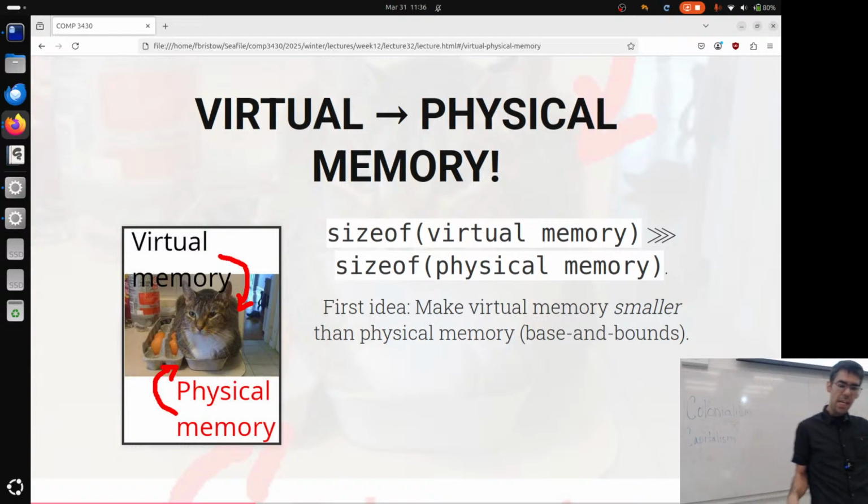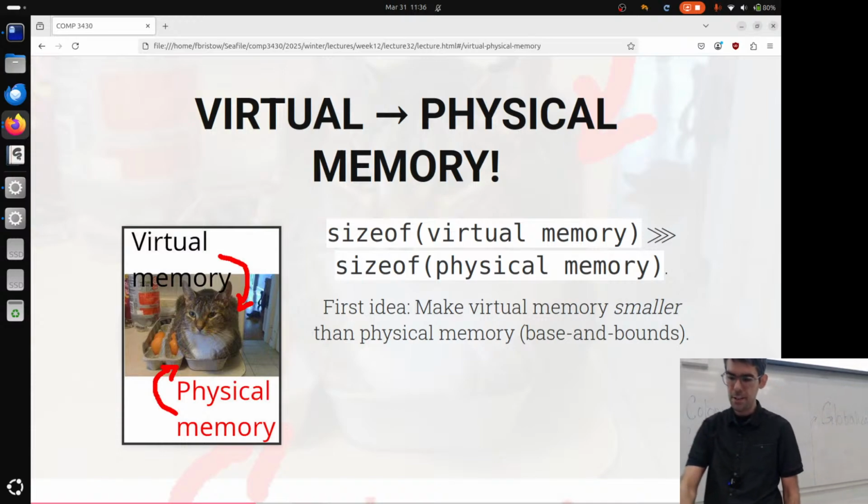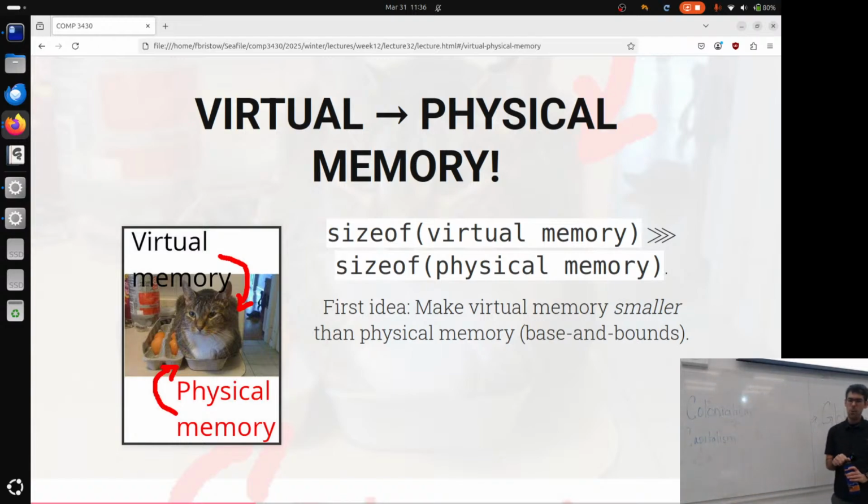This idea of taking these virtual address spaces and sticking them into physical memory is kind of a problem, because the addresses that we were looking at in the sample process that we were running were quite a lot bigger than the physical memory that I have on my actual physical system.